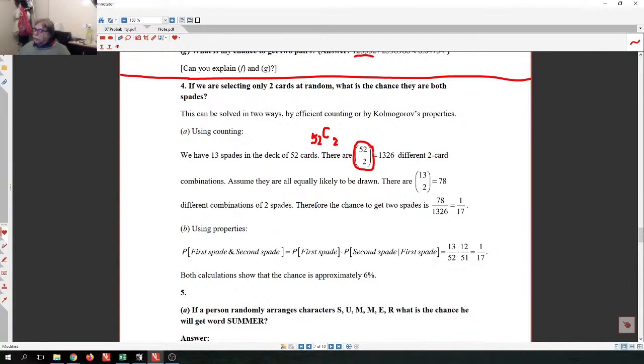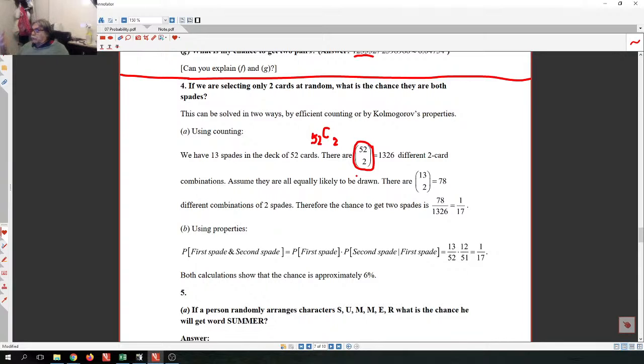The same thing. 52 chooses 2 combinations. This is not a fraction. This is just a Newton binomial. Sir Isaac Newton was using this to write the combinations, right? So we have 1,326 different ways to get 2 cards out of the deck of 52.